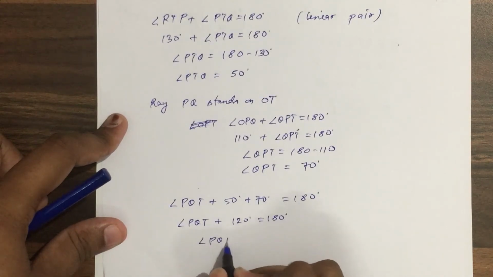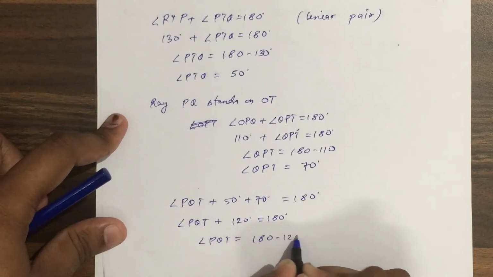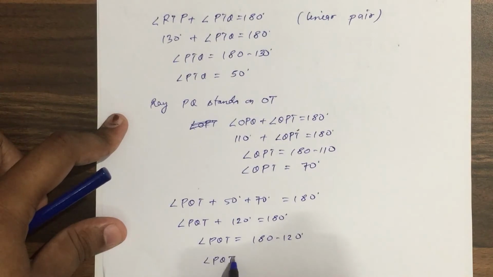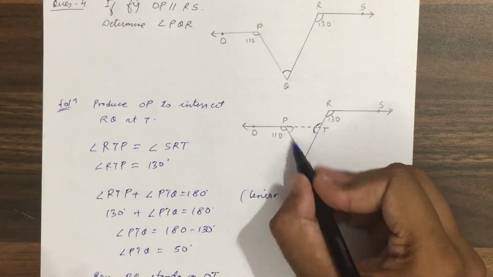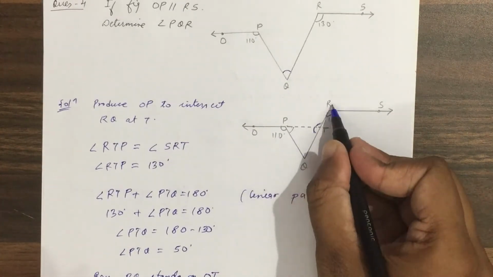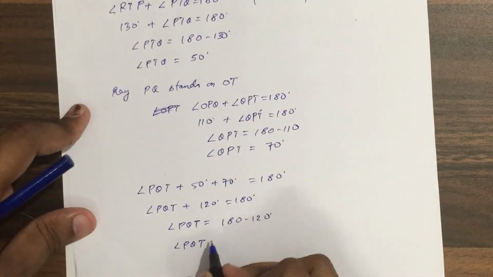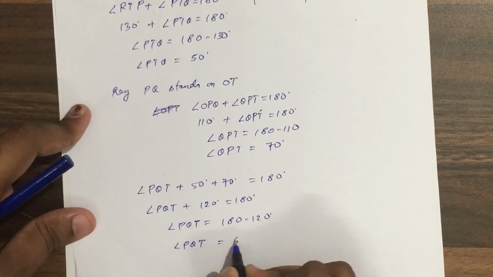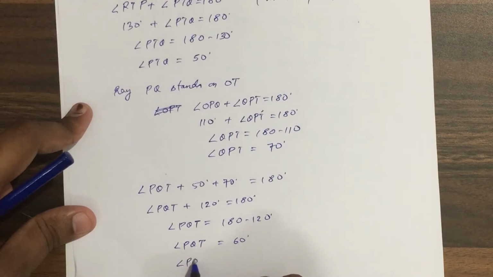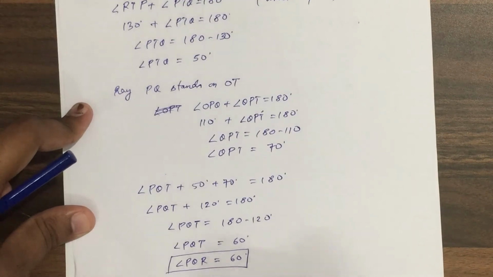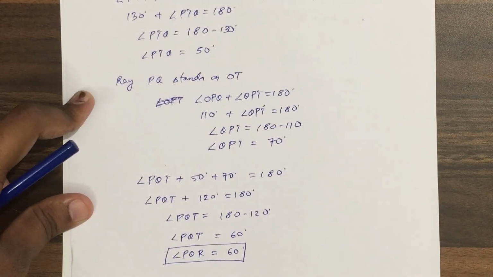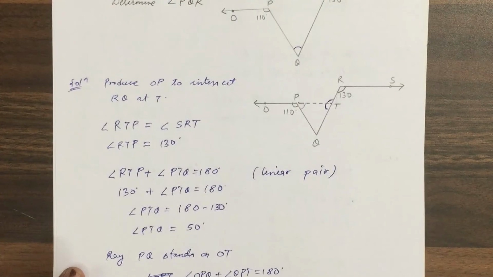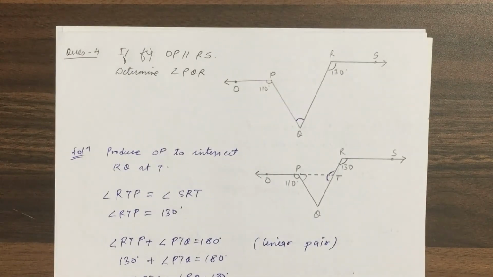So angle PQT will be equal to 180 minus 120 degree. You can call it PQT or you can call it PQR. It is one and the same thing. Okay. So PQT equal to 60 degree, or you can call angle PQR equal to 60 degree. Okay. So this is your answer. This is what you are supposed to calculate. Okay. So this is your question number 4.